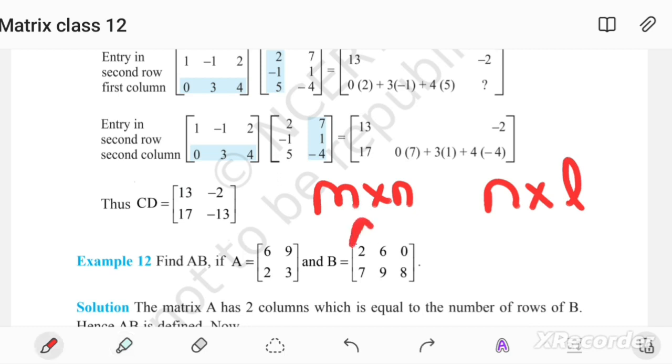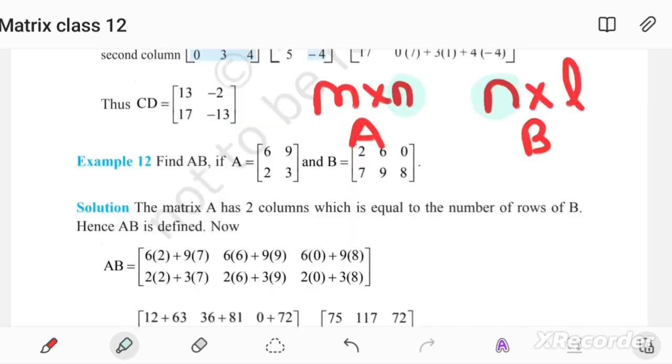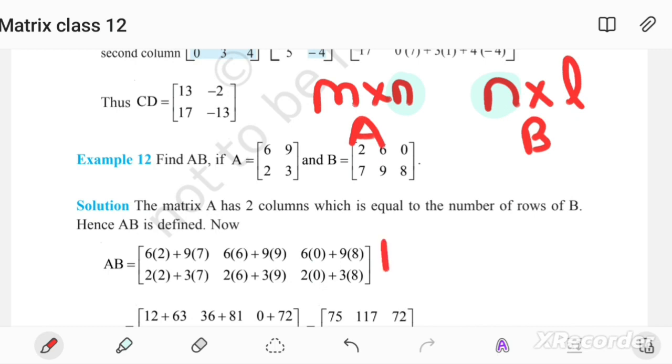If this is matrix A and this is matrix B, then the multiplication between these two matrices is defined if and only if the number of columns in A is equal to the number of rows in B. And the resultant matrix, the AB matrix, has the order of m cross l.